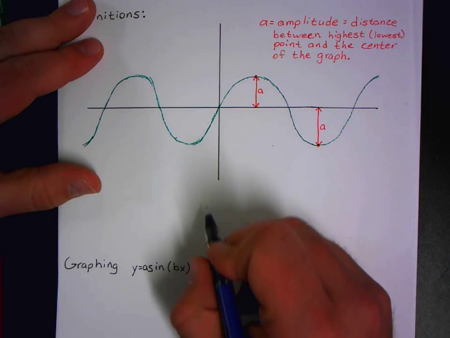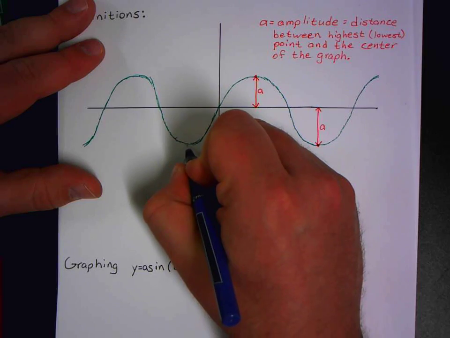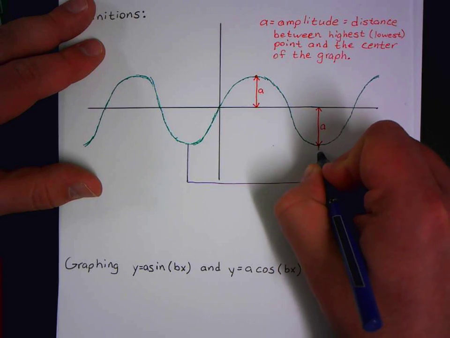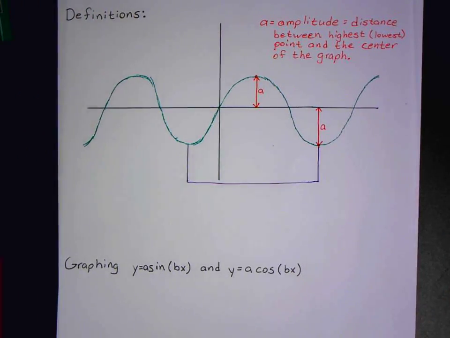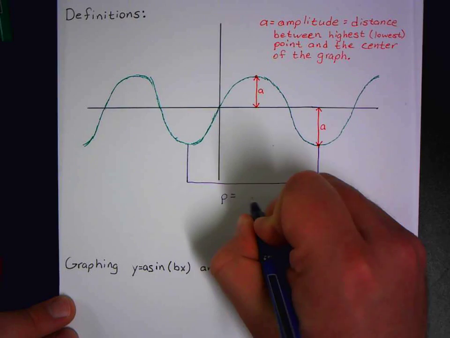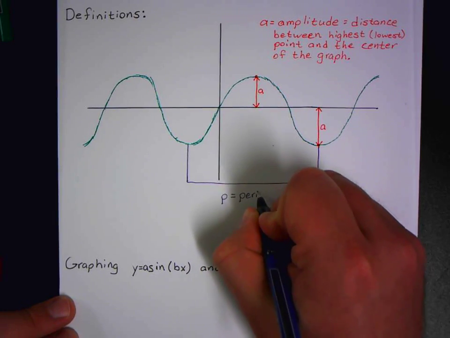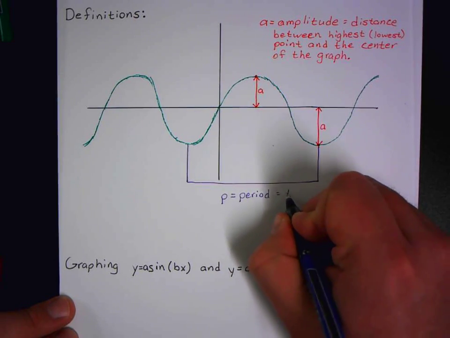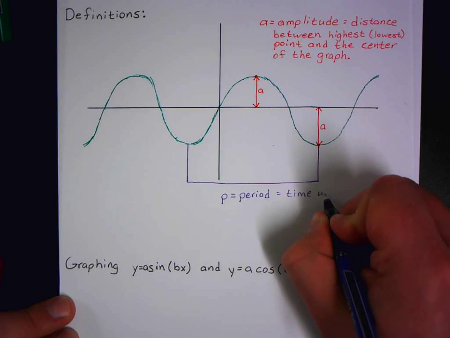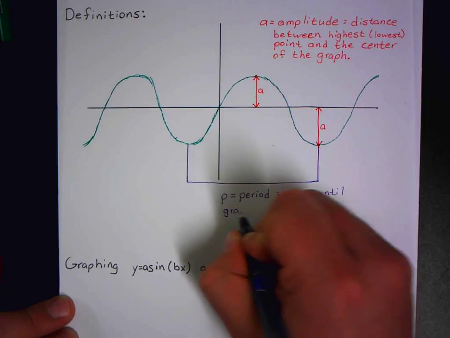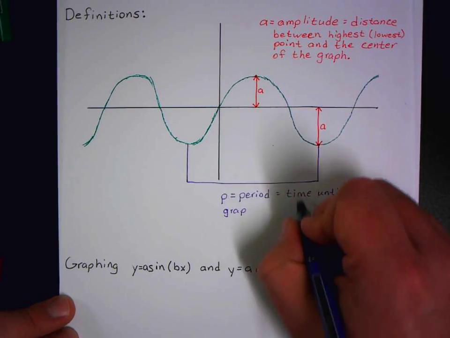Next thing is called period. Which we talked about a little bit, but I told you it would make more sense when we got to graphing. I said time.